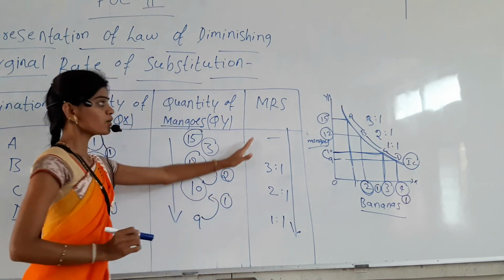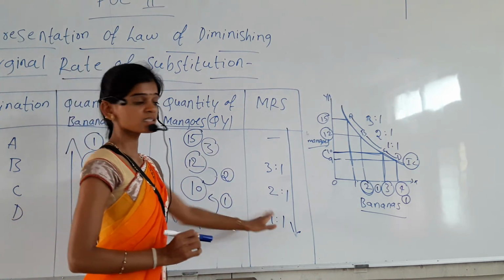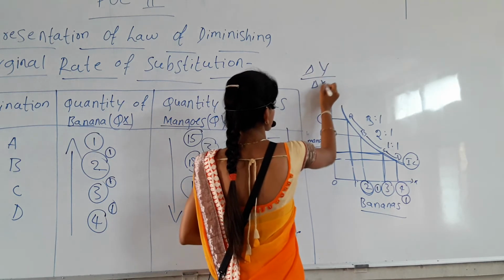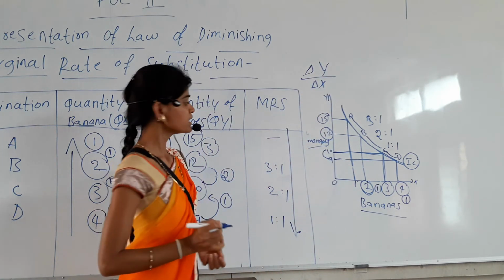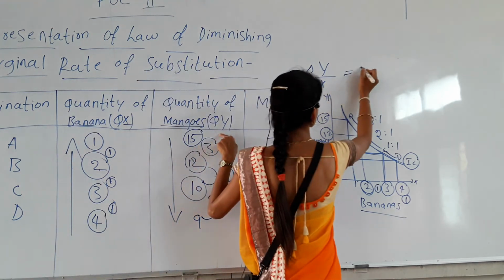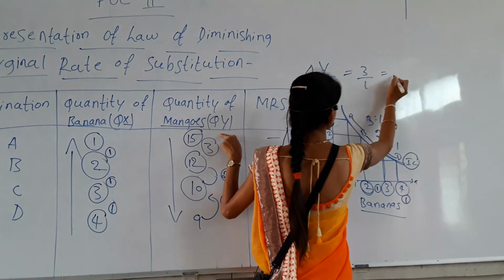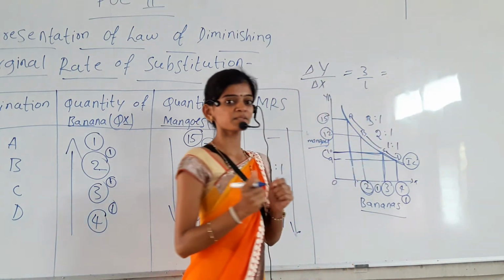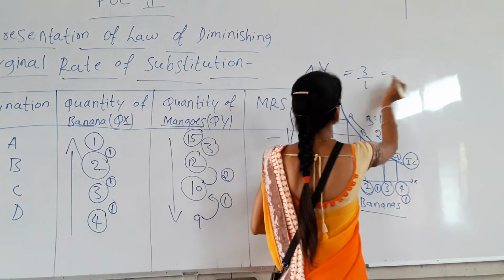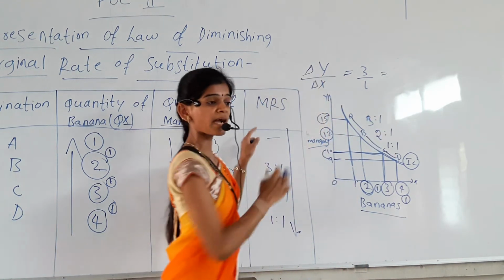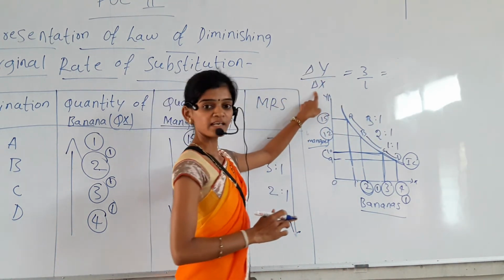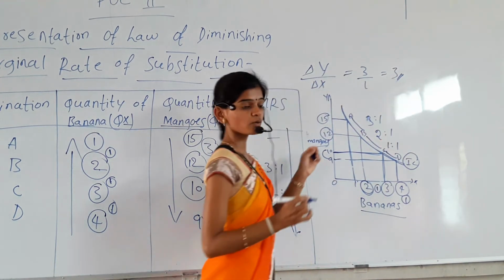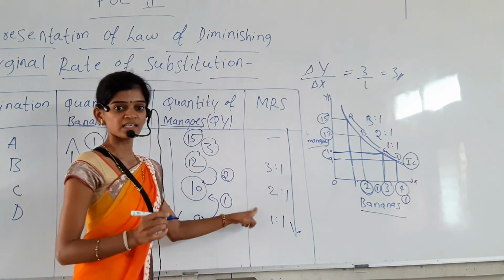So it is called the MRS. How do you calculate MRS? It is changing y divided by changing x, that is, the change in the mango commodity over the change in the banana commodity. So 3 by 1 is 3. Like that we calculate MRS, 3:1.